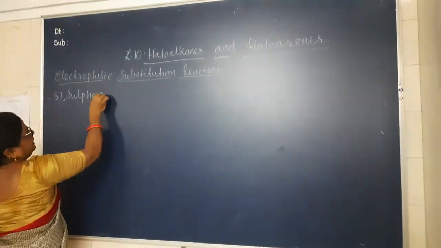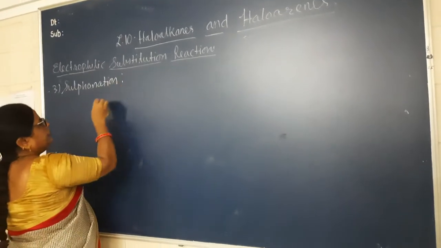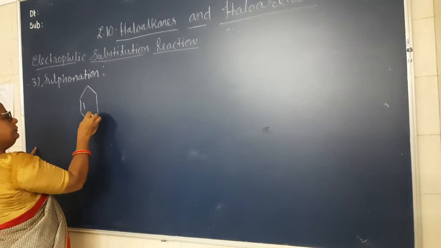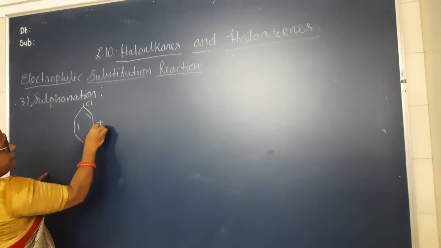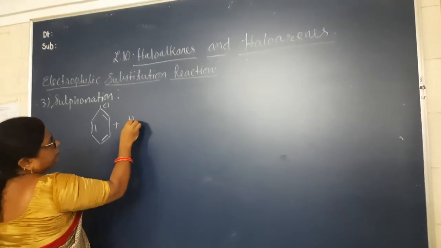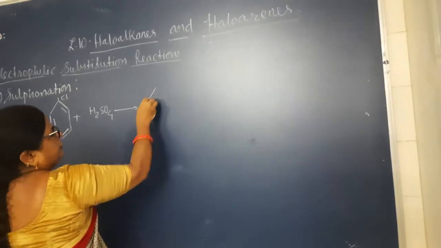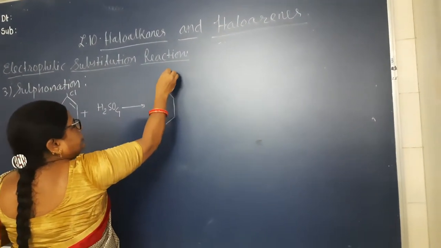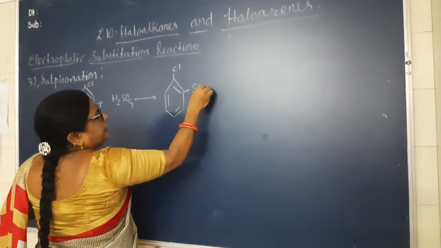These reactions are very easy to learn. Only the resonating structure you have to practice more. Sulfonation reaction. Make chlorobenzene. This is chlorobenzene plus, for sulfonation what will we take? H2SO4. So what will it form? Chloro will be at its own position. Double bonds same. SO3H.